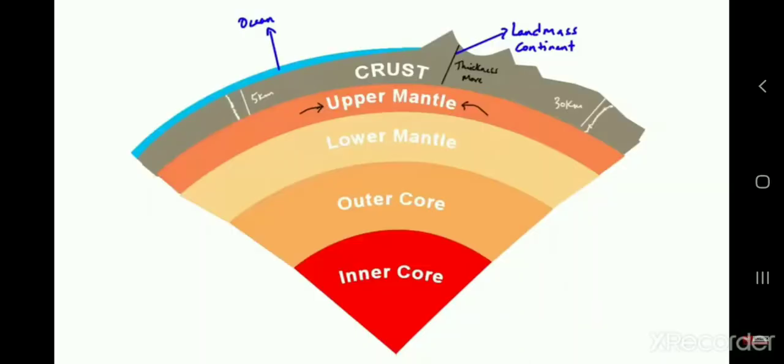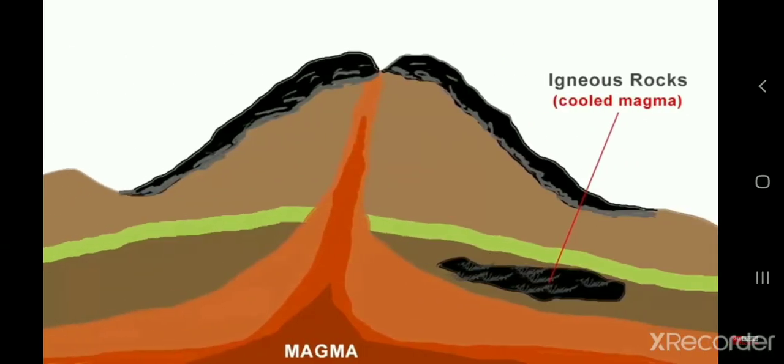Now we are learning about igneous rock. Here you can see the crust, the first layer, which is made up of rock and soil, which we learned in the previous standard. Here is the molten material known as magma. The crust is the first, thickest layer.